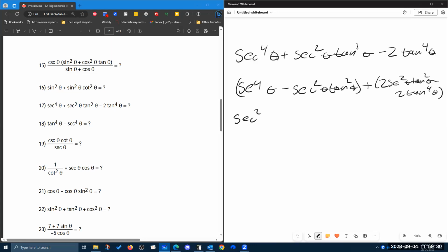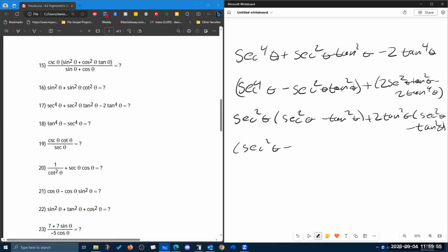So secant squared theta times secant squared theta minus tan squared theta, plus a 2 tan squared theta times a secant squared theta minus a tan squared theta. Secant squared theta minus tan squared theta times secant squared theta plus 2 tan squared theta.